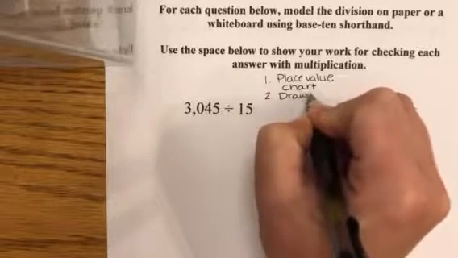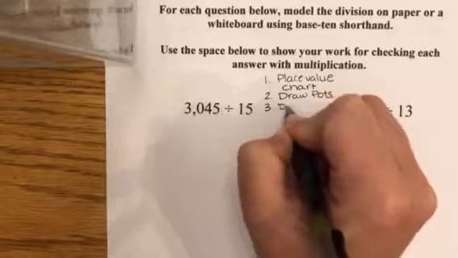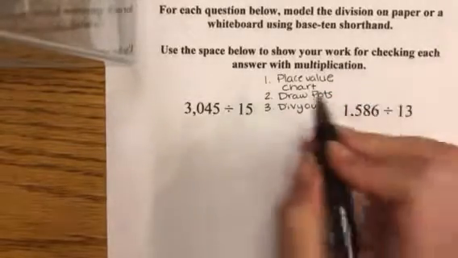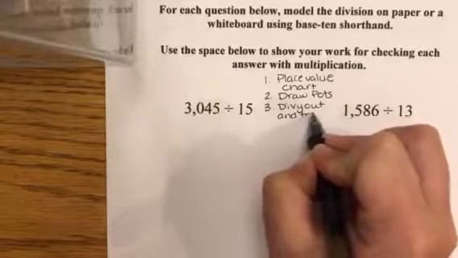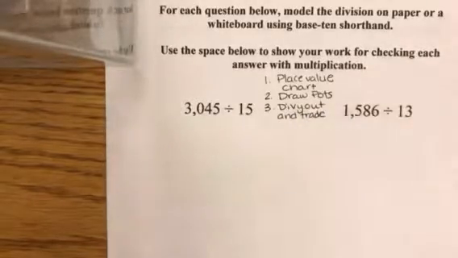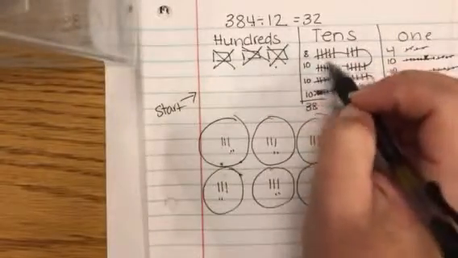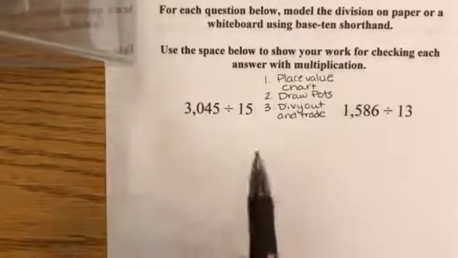Draw pots. Divvy out and trade. When I said trade, I meant you crossed off and you started marking over here.